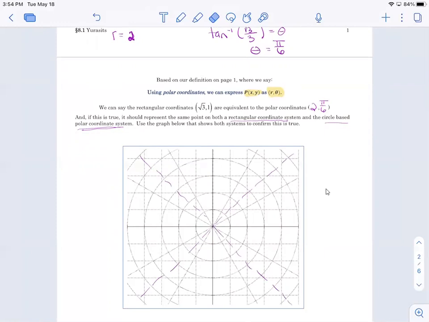So, and this is the key thing, when you're going to plot this, always, always, always plot your angle first. I'm even going to write that down. Plot angle first. So I'm going to go to pi over 6, always in standard position.